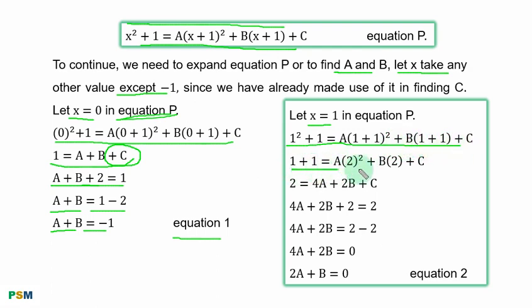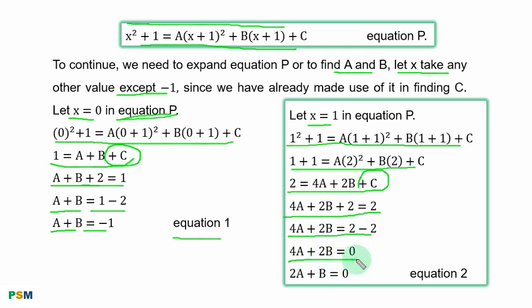You have this result and this result. Previously, C is equal to 2. You replace C with 2. You have it in this form, and 4A plus 2B equal to 0.